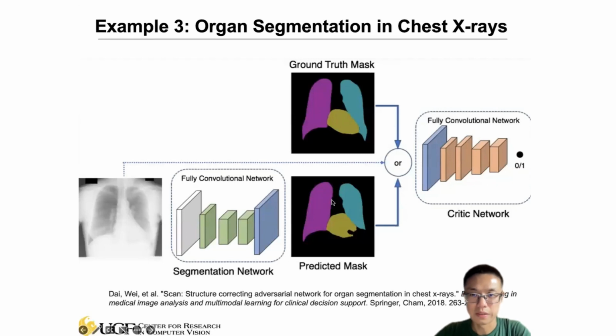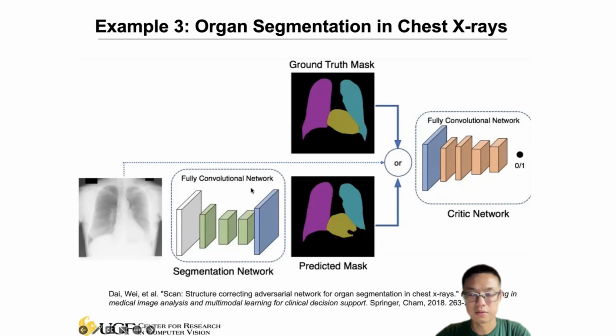The next example is we can use GAN to do the segmentation task, right? So here they are doing organ segmentation in chest X-rays. The input is the chest X-ray image. Then we are using some segmentation network, so we can use a UNet or maybe VNet or 3D UNet, not 3D UNet here because X-ray is 2D.